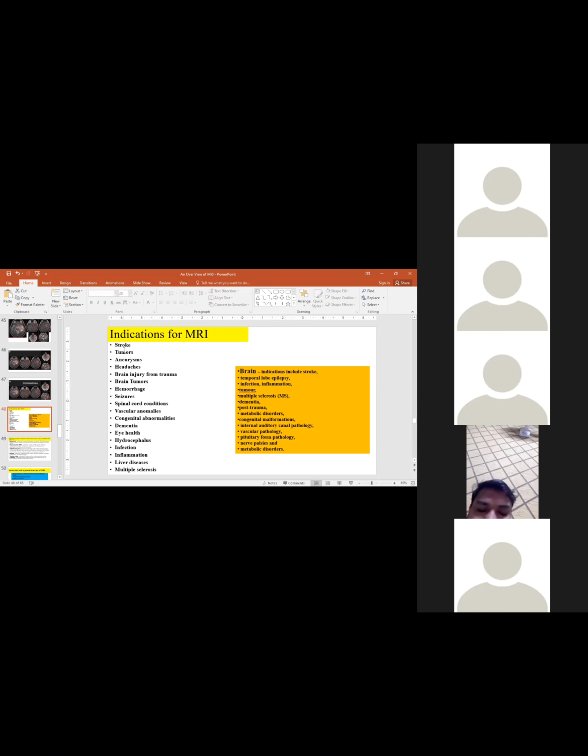So they are stroke, tumors, aneurysms, headaches, brain injury from trauma, hemorrhage, seizures, spinal cord conditions, vascular anomalies, congenital abnormalities, dementia, eye health, hydrocephalus, infections, inflammations, liver diseases, multiple sclerosis. In all those conditions, MRI is indicated.